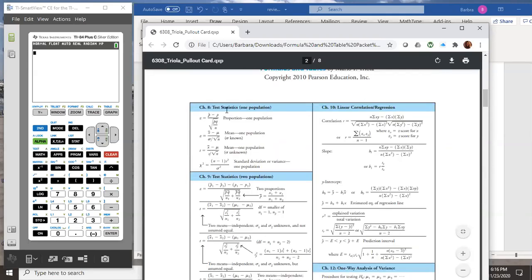At the very top on the left, for chapter 8, is test statistics. Now we have programs for Z and T, but we do not have a program for chi-squared, so we need this formula here. Go ahead and write it down if you haven't already. Chi-squared equals n minus 1 in parentheses times the sample standard deviation squared divided by the population standard deviation squared.